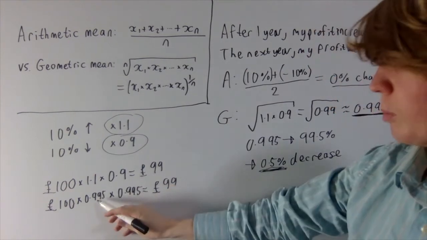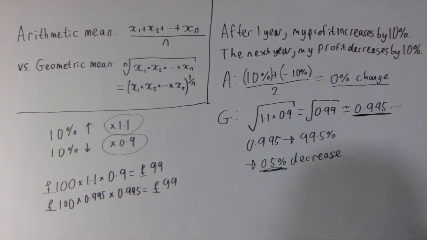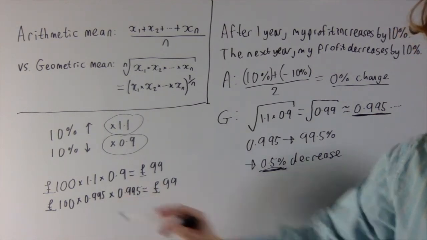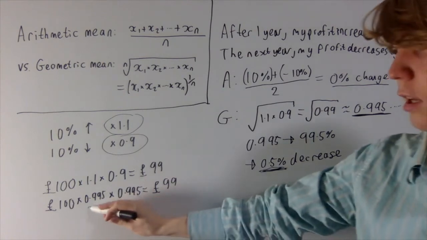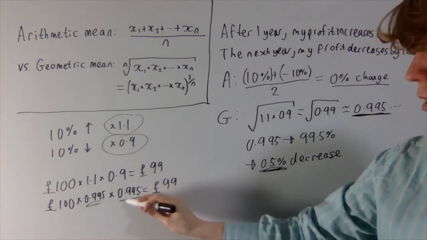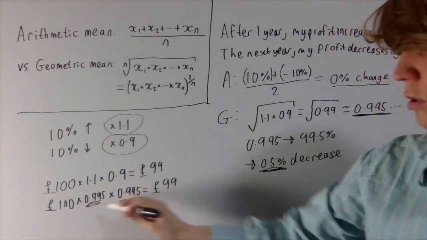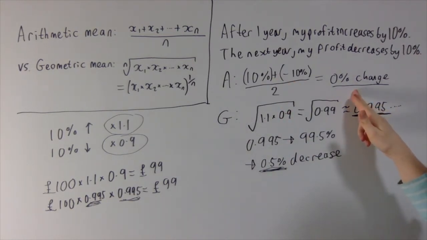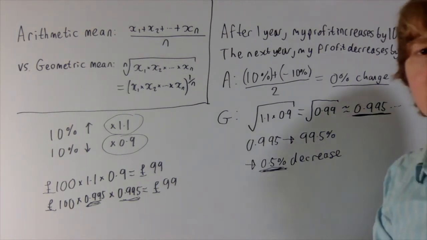And of course you could be more precise with your 0.995 if you didn't round there. So here you'll see that if you consider this going down by 0.5% each year as your average, then this will give you a more reasonable answer. Whereas if you use the arithmetic mean, and you say that your average change was just 0%, you would say you've still got 100% profit in the final year. But we know that the amount of money has actually gone down there.